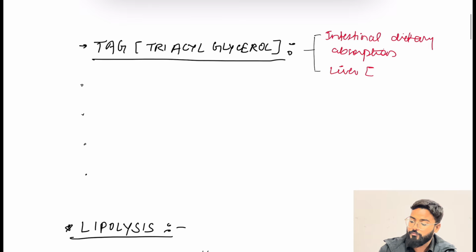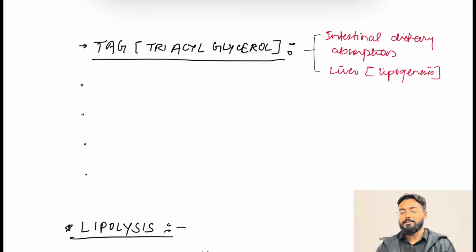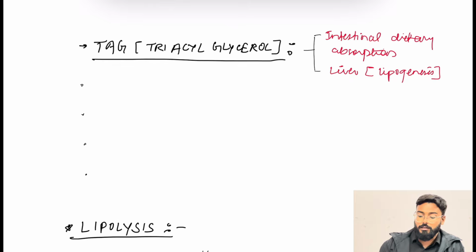So via the process of lipogenesis, triacylglycerols are formed inside the liver.